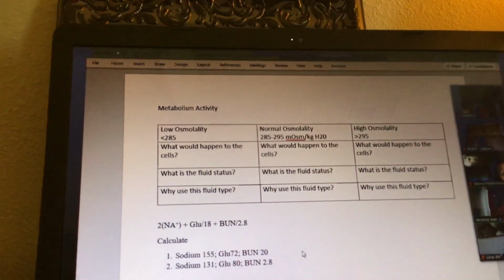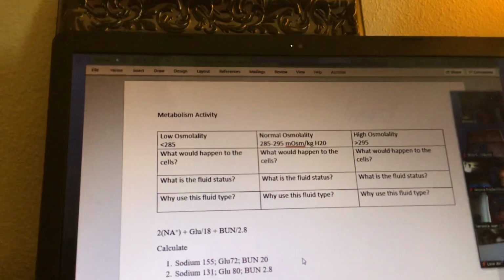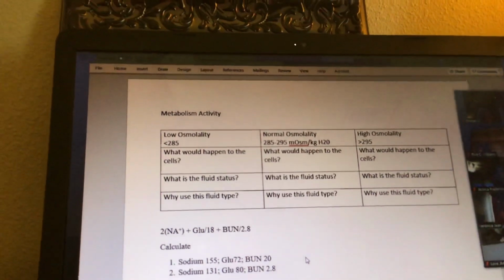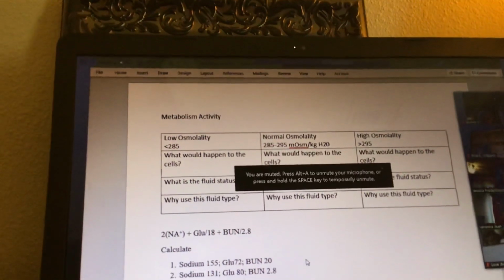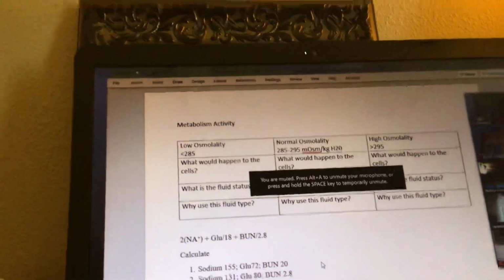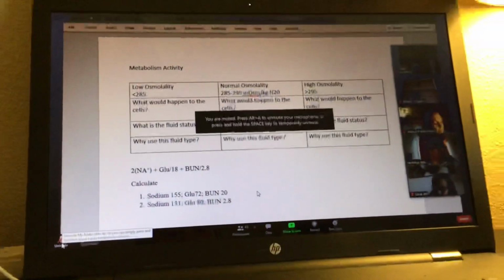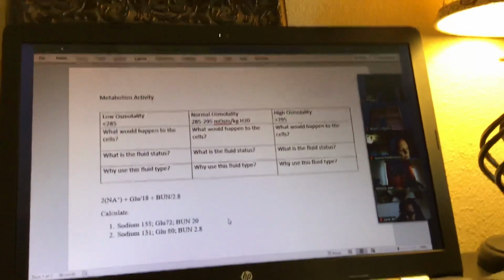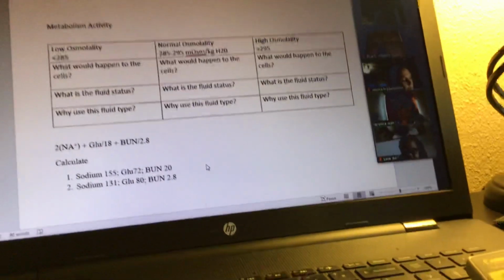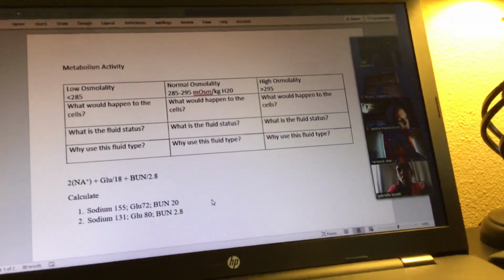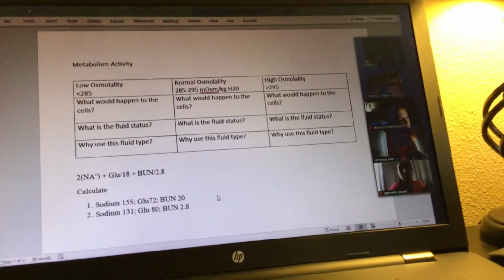So with this patient's fluid status, dehydrated or fluid volume overload? Dehydrated. Great. What fluid replacement should we consider? Hypotonic. Very good, thank you.